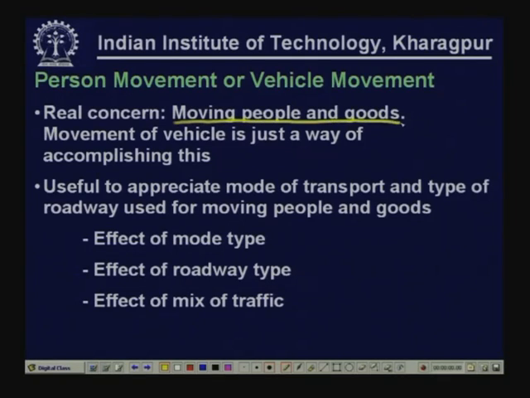So, moving people and goods is the real concern. Obviously, movement of vehicle is just a way of accomplishing this. Primarily people need to move from one place to another place, and goods are to be transported from one place to another place. How are these people or goods transported?